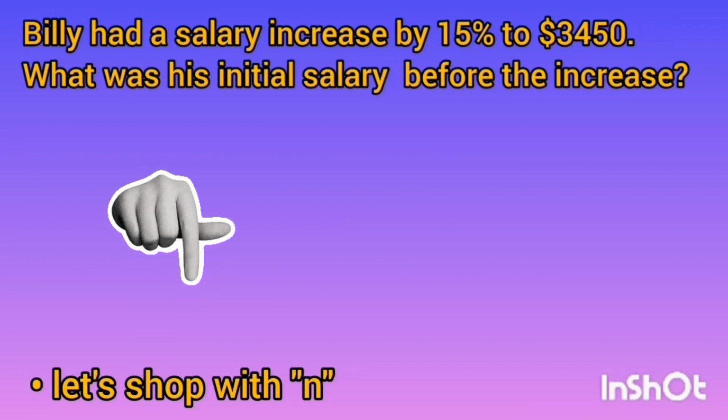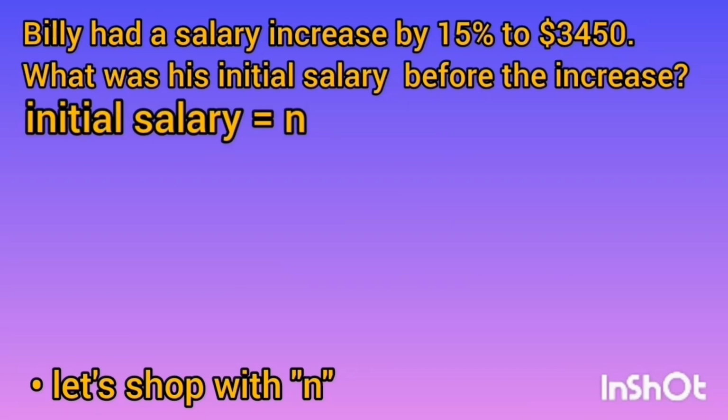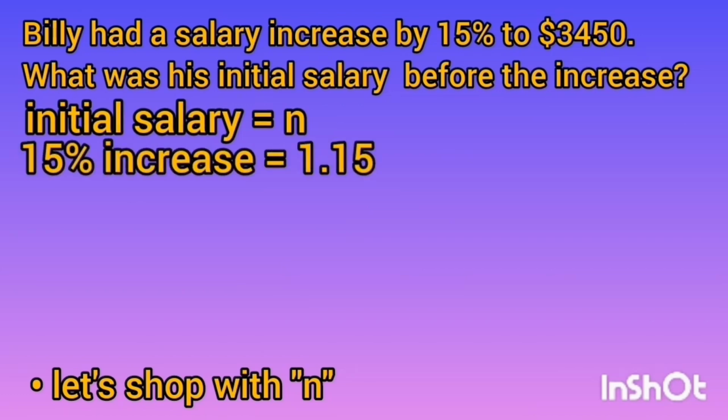So here, representing his initial salary with N, we know that a 15% increase gives us 1.15 from our earlier knowledge, which is converting 15% into a decimal to give us 0.15 and then adding that to 1.